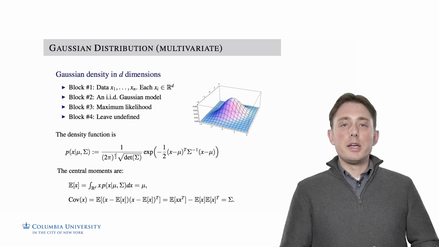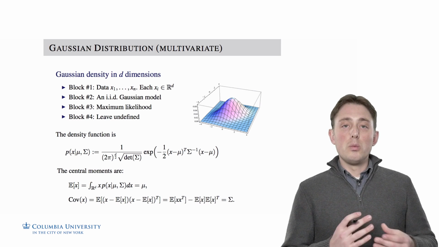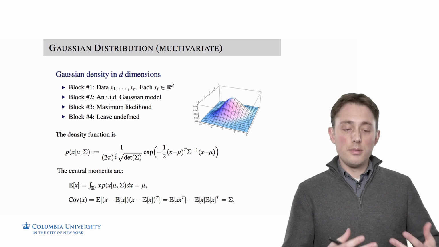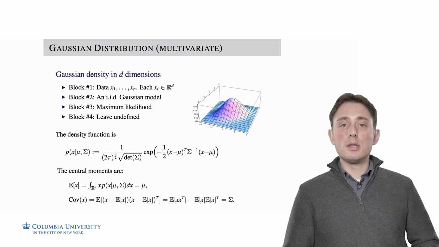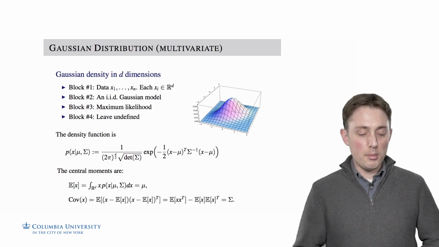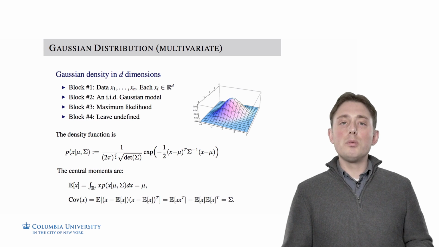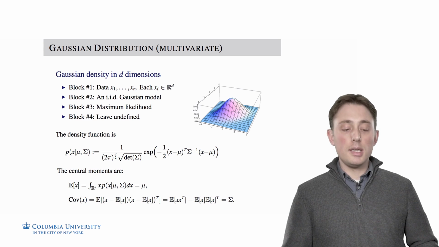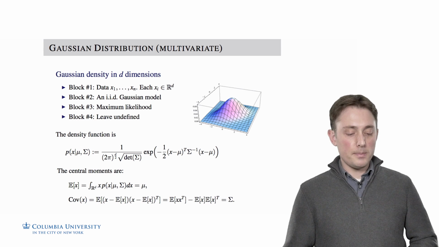In the remainder of this lecture, I want to work through this flowchart that we've just been discussing for one specific simple problem. So here we're going to be thinking of a multivariate Gaussian, a Gaussian in d dimensions.